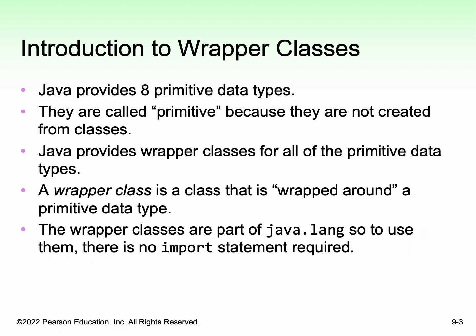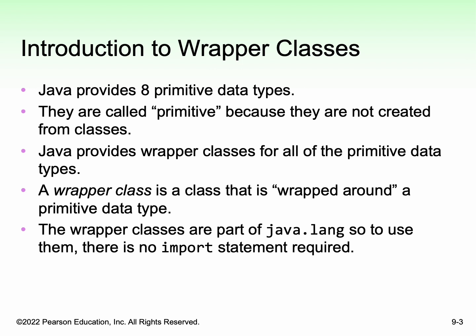You know how a string is an object, right? But an integer is not an object. An integer is called a primitive data type. So, wrapper classes are those classes that are made for those primitive data types. And wrapper comes from the word wrapped around, so the whole class is wrapped around a primitive data type.